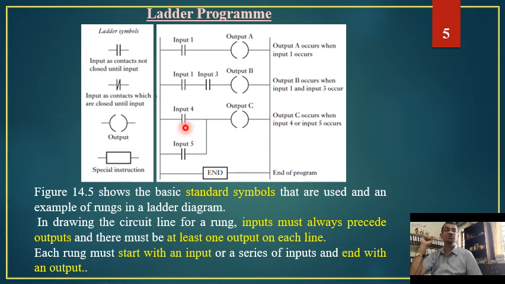If input 4 is not occurring, but input 5 is occurring, then the path of the current will be from the positive power rail to input 5, then goes up over here, then goes to output C and reaches the other side. So if any one of the two inputs occurs, then output occurs.